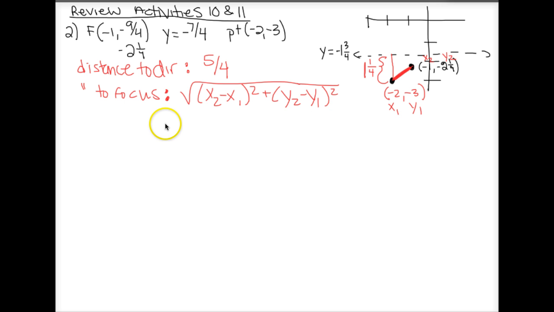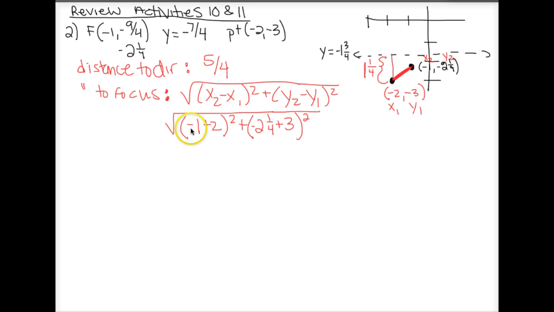So to do the distance then, I am going to take x2, which is -1, minus -2, minus negatives become pluses, squared, plus y2, which is -2 1/4, minus -3, so that's also a plus, squared.